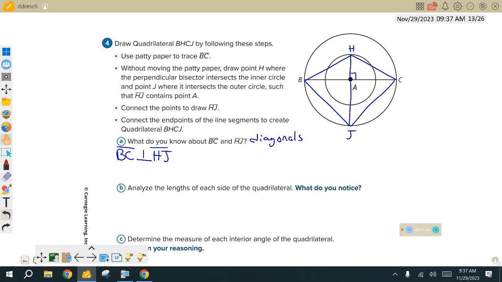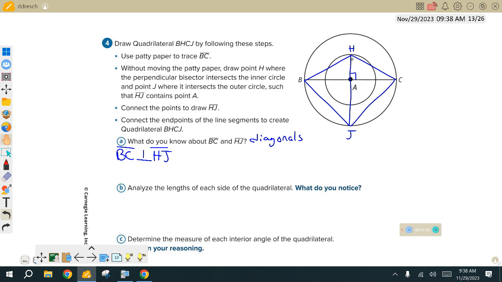And there is possibly an instance where they could be bisecting, but not each other. They could bisect one or the other, but not each other. So in this instance, where is one bisecting? HJ is bisecting BC, right? HJ is coming in and bisecting segment BC.